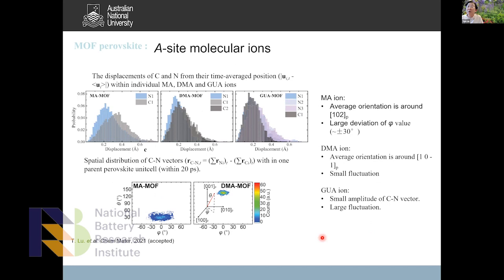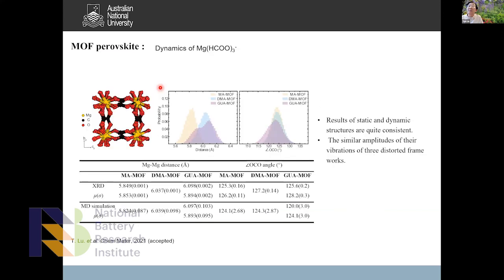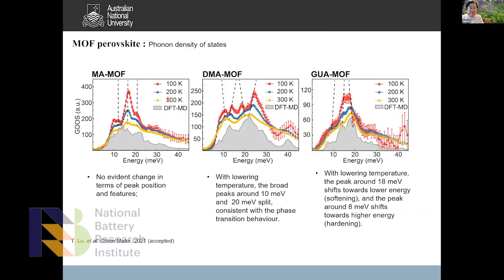So this is the magnesium distance moving in different MORPH, and this is the oxygen-carbon-oxygen bonding here, this angle, how this changes. So you can see they are very flexible, providing a lot of detail, helping us to understand the property.